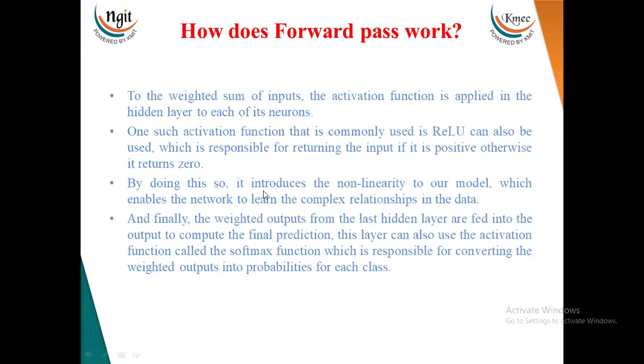Again, we calculate the weighted sum of inputs, and the activation function is applied for everything. If the activation function output is accepted, it will be fixed for the layer. Otherwise, we have to change the weights again. This is done until we get the complete final output, that is the final prediction, after completing all the hidden layers between input and output.